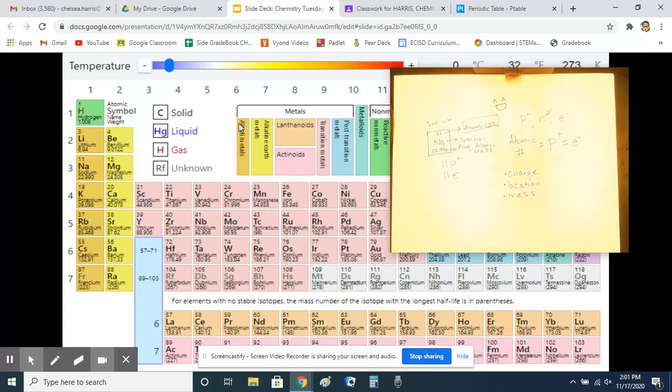Charge is, are we talking about something being positive or negative? That is going to let us know who is attracted to who, like magnets. You have to have a charge. Location is asking where does this particle live within the atom?